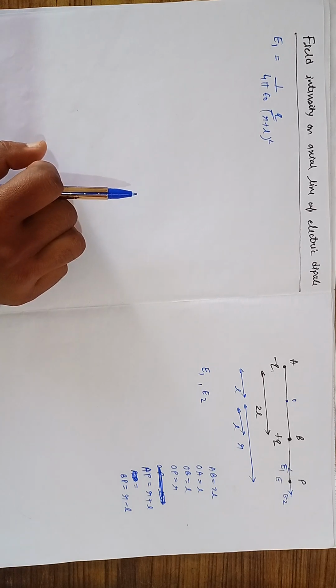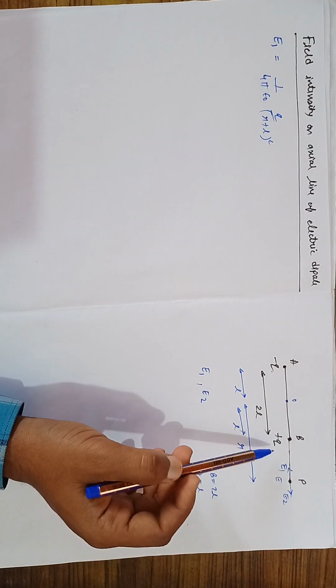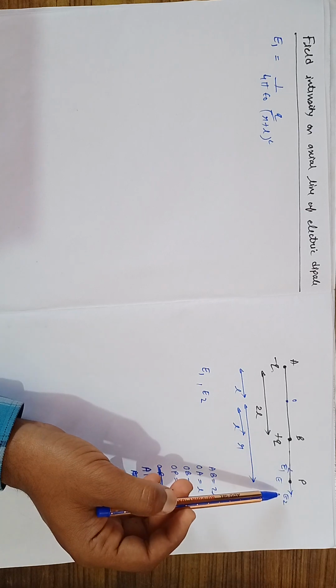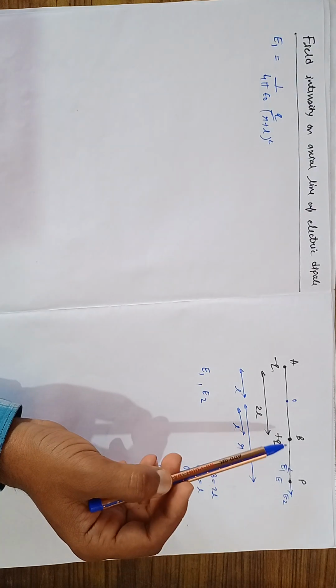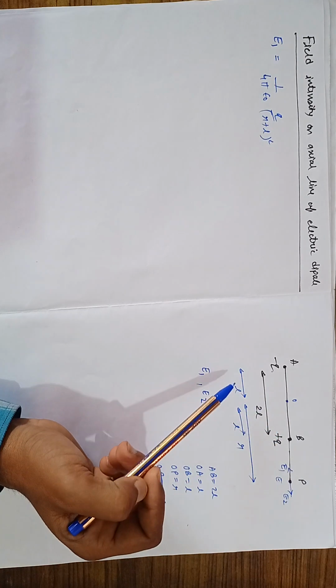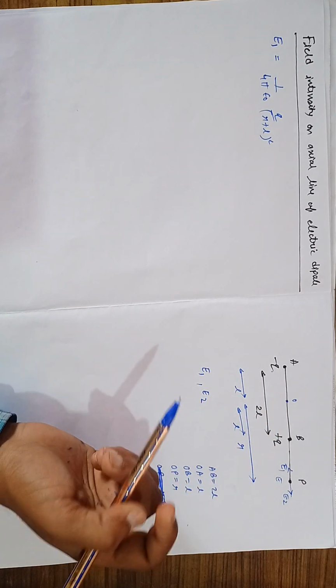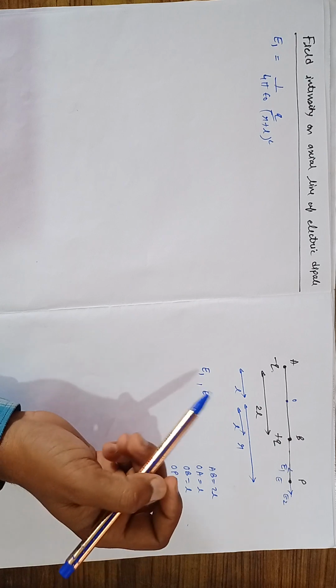The direction of E1 will be towards A, and the direction of E2 will be outwards from B. Why? Because for a positive charge the field lines are radially outwards, and for a negative point charge the electric field lines are radially inward.